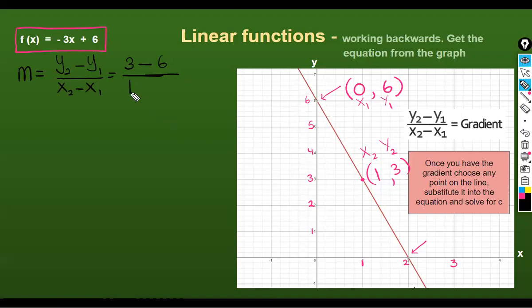Right? And what's the other one? x1 is 0. I think I have it correct there. I was making sure, guys. y2 minus y1 divided by, yeah, I have it correct. My substitution is correct. 3 minus 6 is minus 3 because 6 is bigger than 3. 1 minus 0 is 1. And by now we know minus 3 divided by 1 is minus 3.